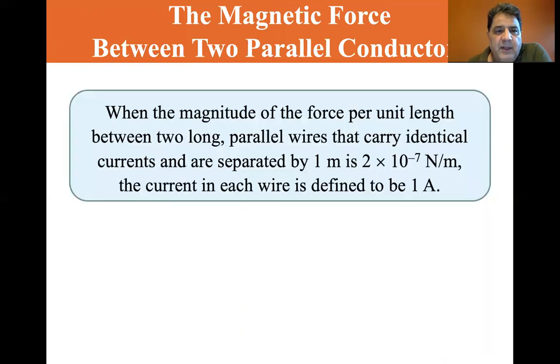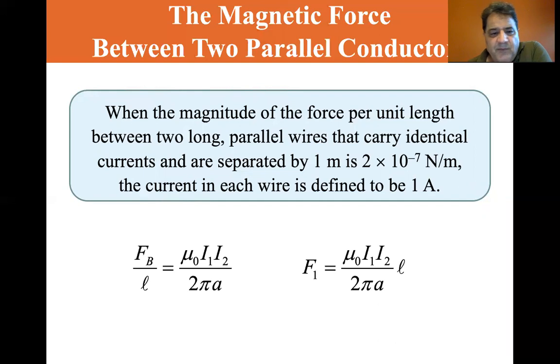So this force between two parallel wires is actually used to define the ampere. When the magnitude of the force per unit length between two long parallel wires that carry identical currents and are separated by 1 meter is 2 times 10 to the minus 7 newtons per meter, the current in each wire is defined to be 1 amp.